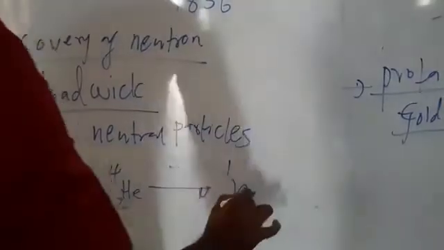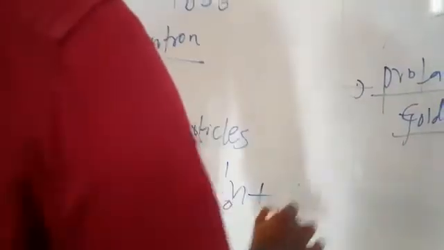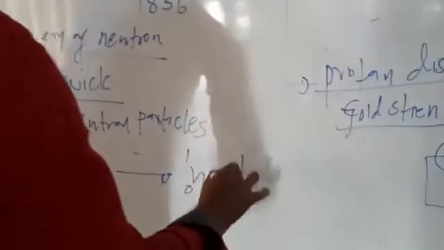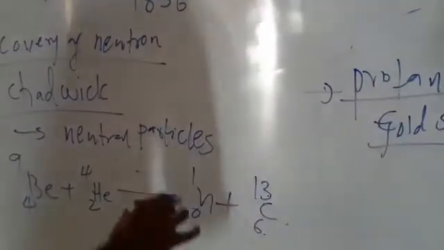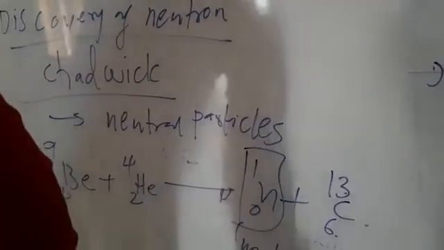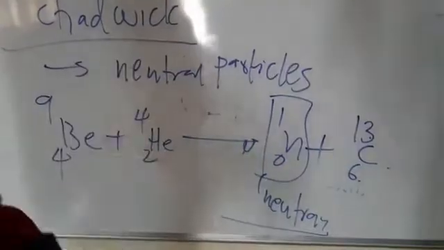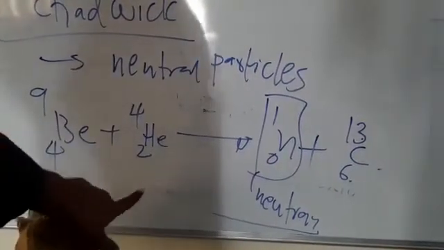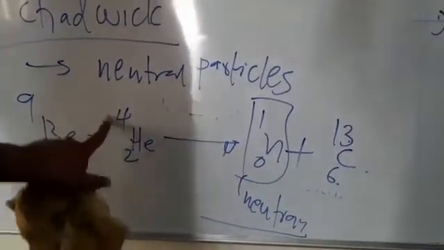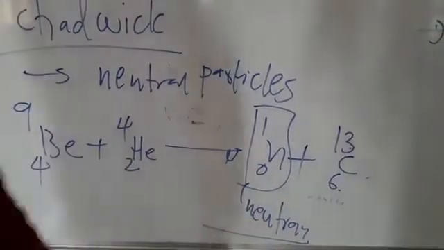Those neutral particles are neutrons, and also carbon-13. This is the neutron symbol. So when beryllium-9 isotope is bombarded with helium-4 alpha particles, he observed neutron particles. They have zero charge, meaning there is no charge.